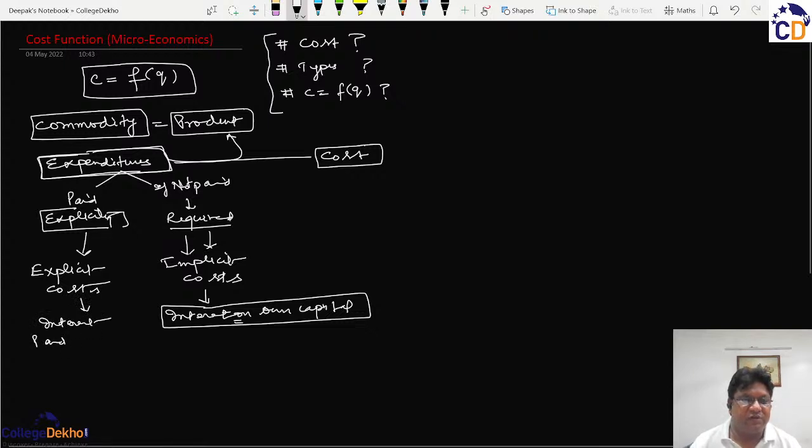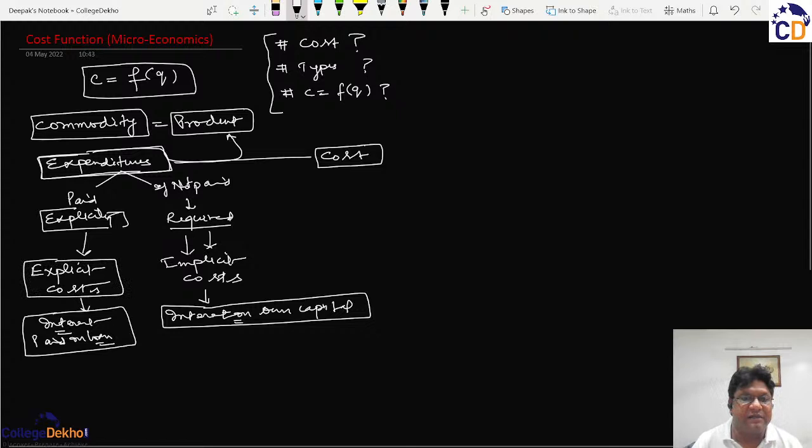So the interest paid on a loan is an express payment. So those people who don't have their own money and have taken a loan and are paying interest, if such interest paid by them is named as the expenditure on the product, hence the cost, but because it is expressly paid we have used the word explicit cost.